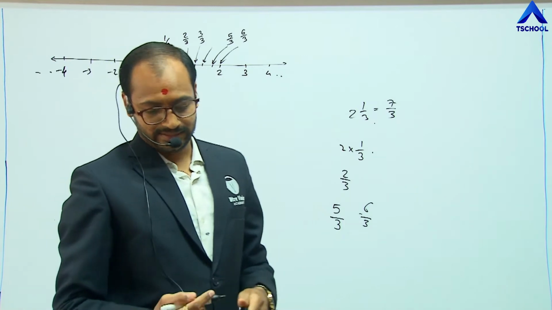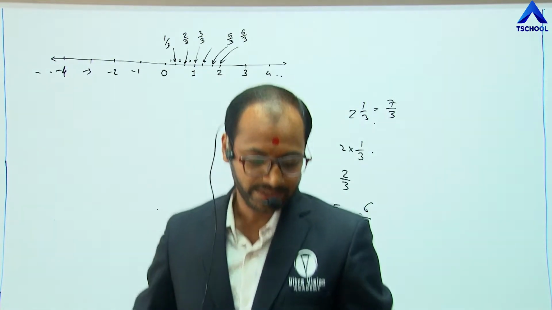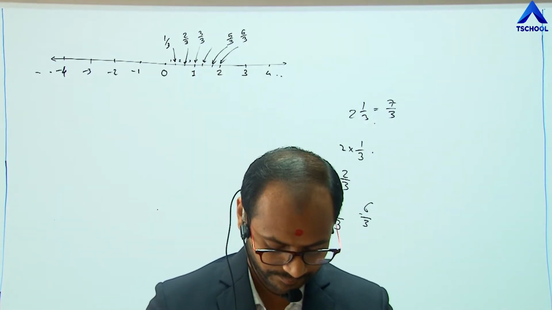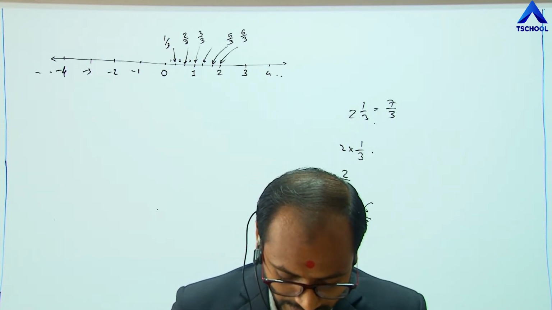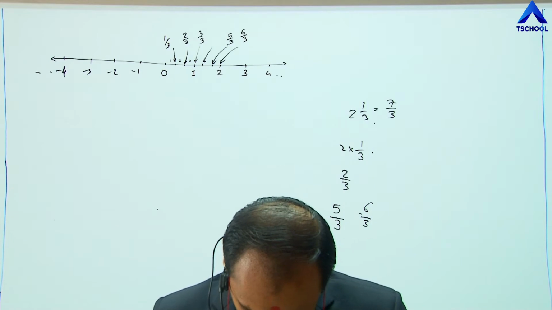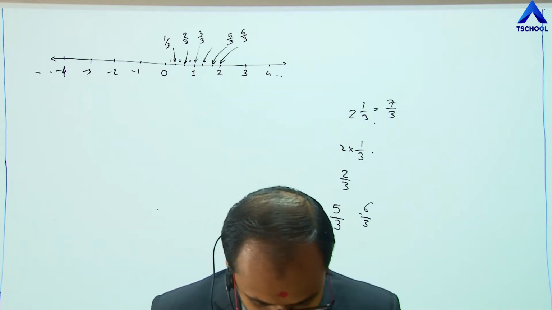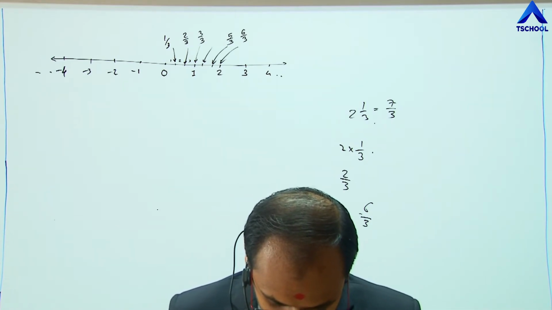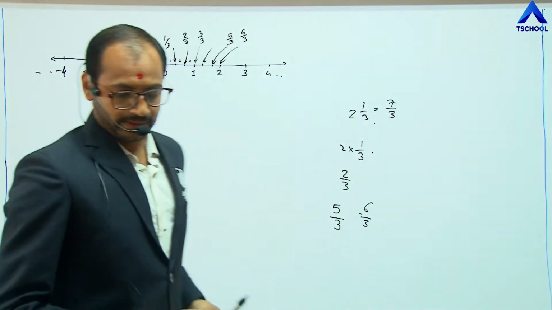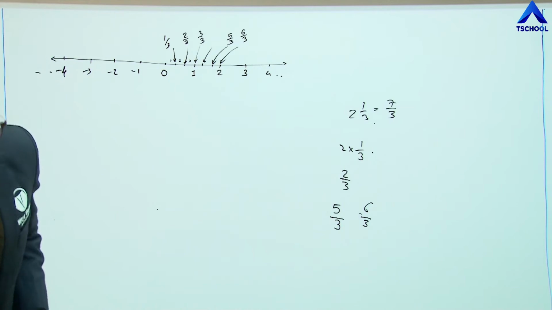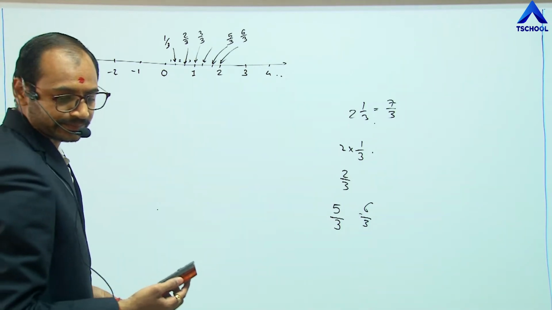Then the next topic. Let me try some examples. Before that, the new topic: a rational number between two rational numbers.